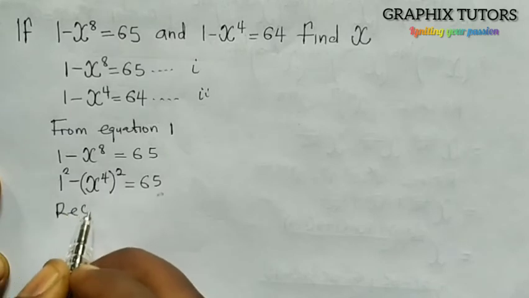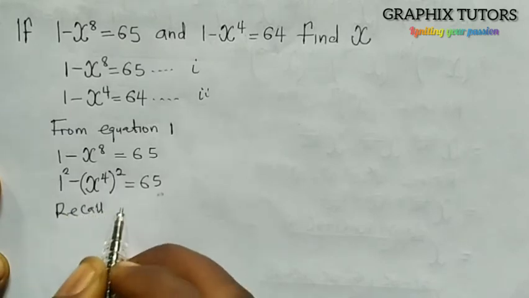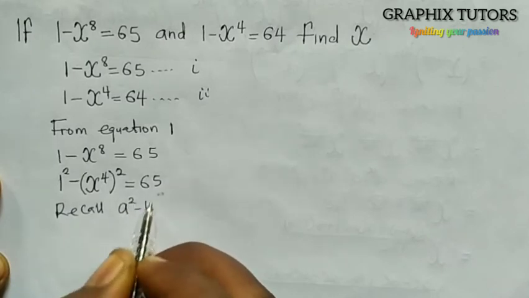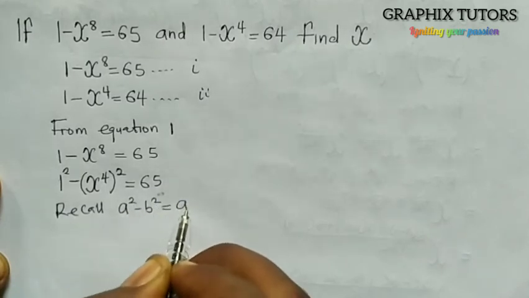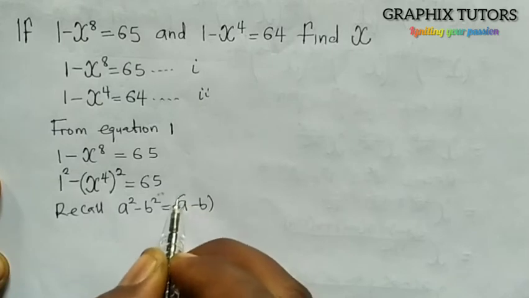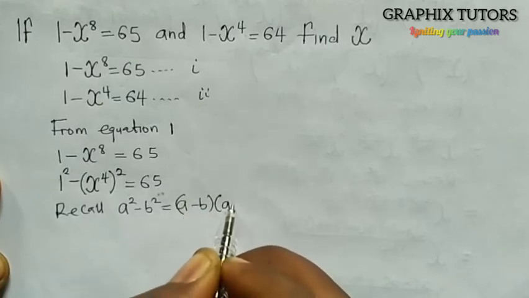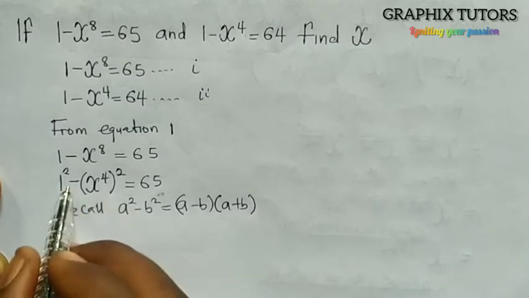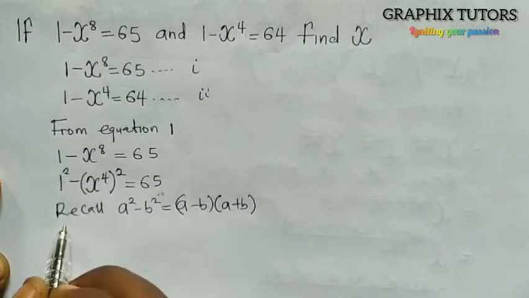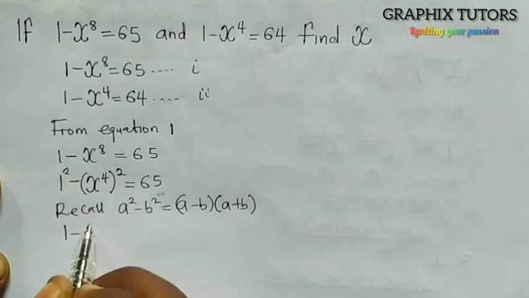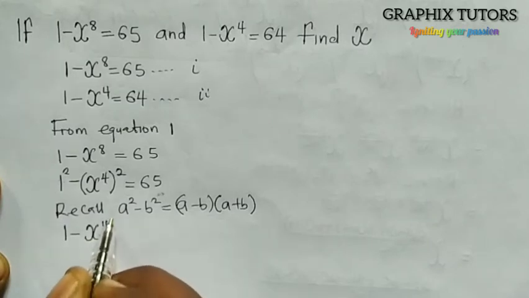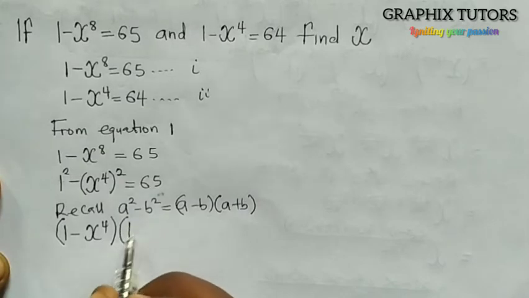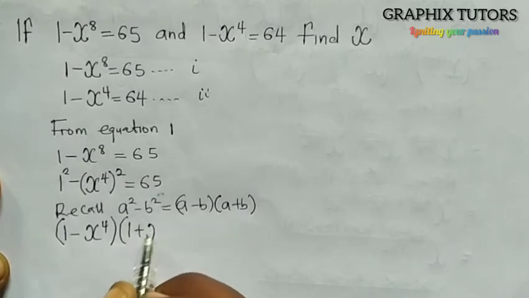Recall, when I have a square minus b square, it's going to give me a minus b into bracket a plus b. So this is 1 square, so I'll have 1 minus x^4 into bracket 1 plus x^4.